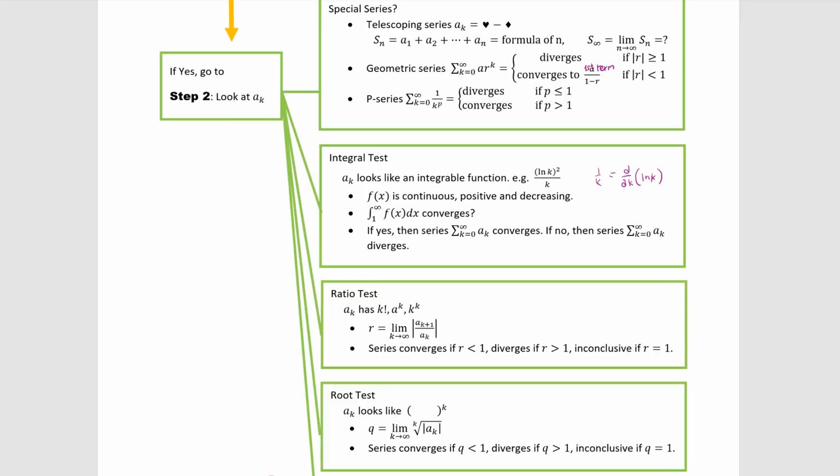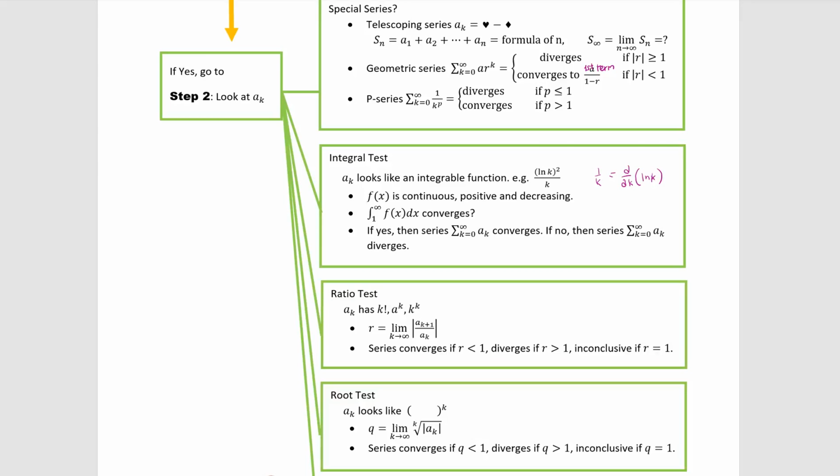If it's finite, yes, then the series also converges. If this integral is infinite, then the series diverges. Okay, that's the integral test. How about the ratio test? For the ratio test, a sub k usually has terms like k factorial, a to the k, k to the k.